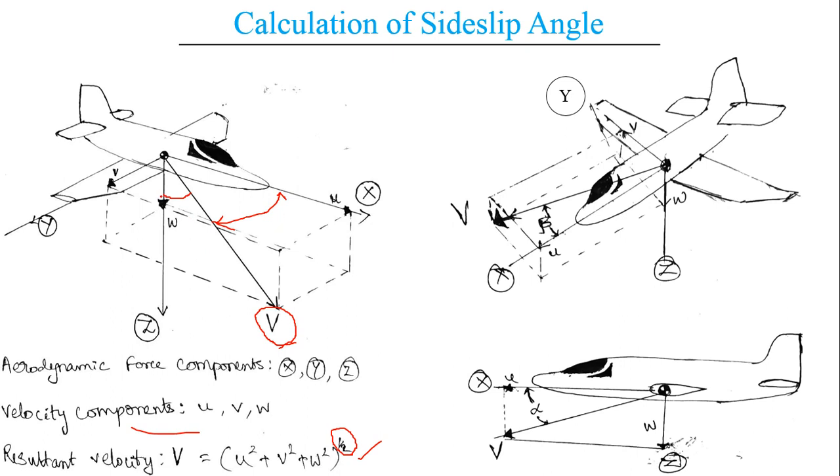This angular deflection between u and V, the resultant velocity, is known as beta, and the angular deflection between V and w is known as alpha. It is better understood if we are taking the top plane. So here beta is shown, the angular deflection between u and V.